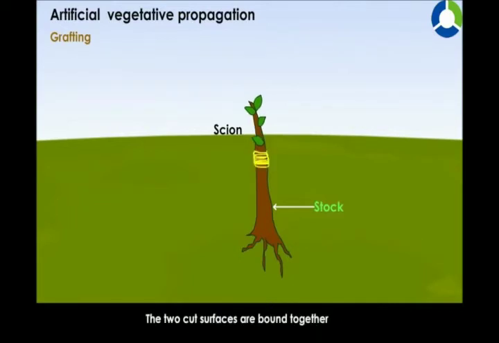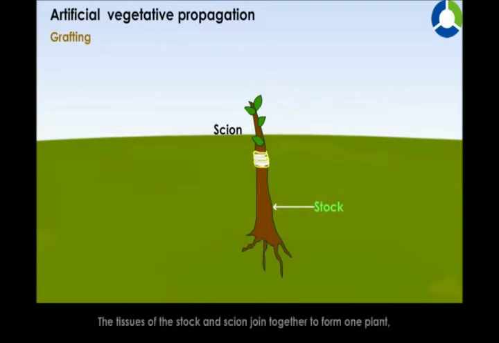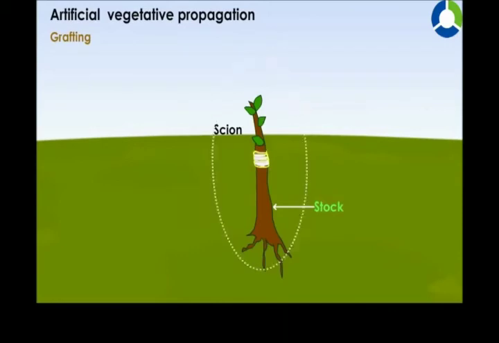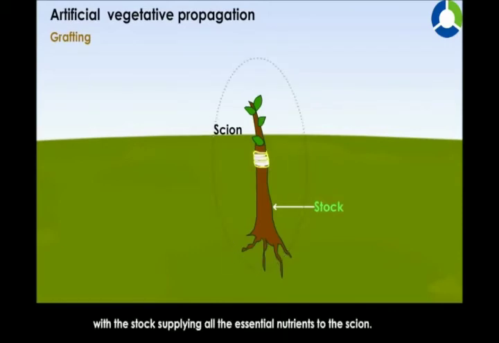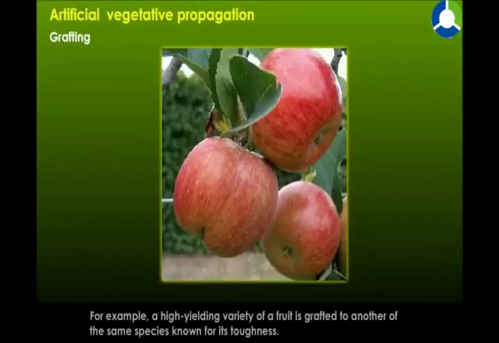The two cut surfaces are bound together and the joint is covered with wax to prevent evaporation and to also stop infection. The tissue of the stock and scion join together to form one plant, with the stock supplying all the essential nutrients to the scion. This method helps to combine desirable features of two plants.